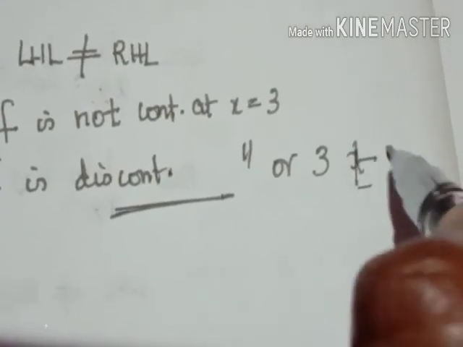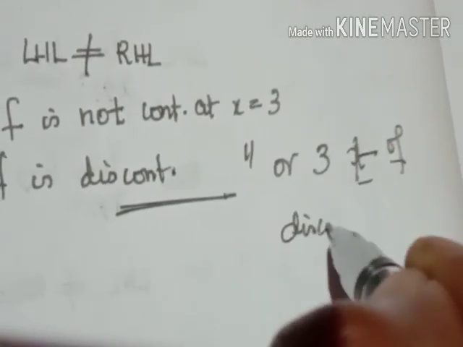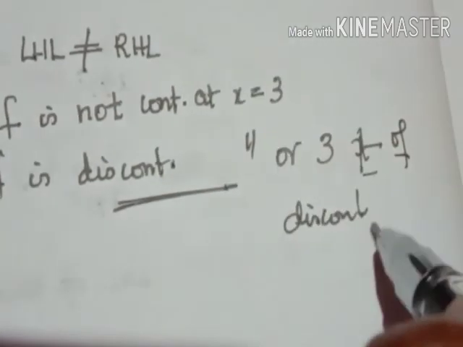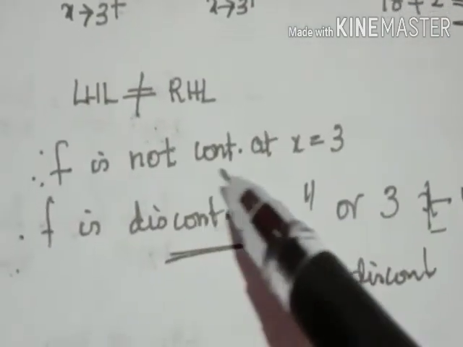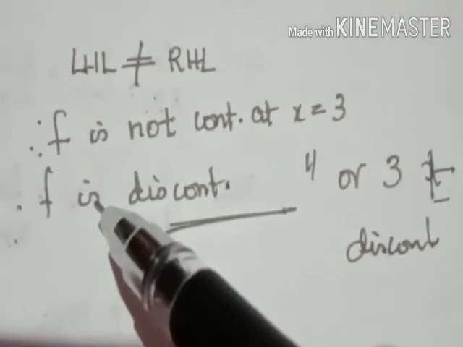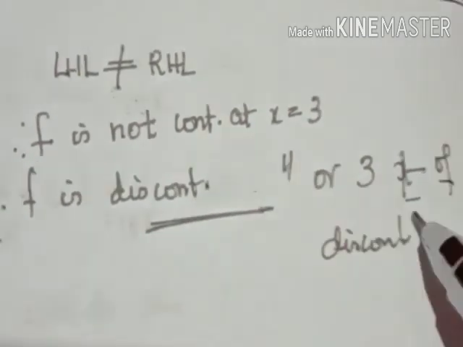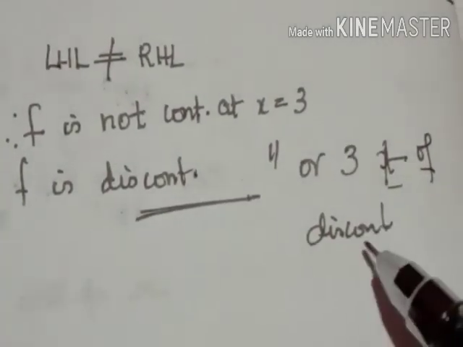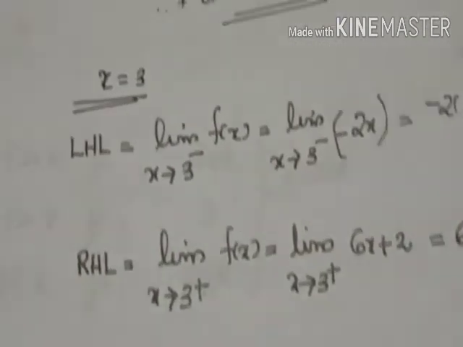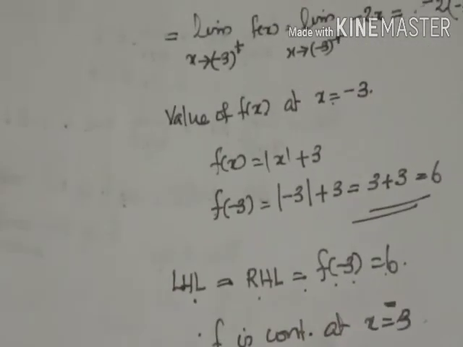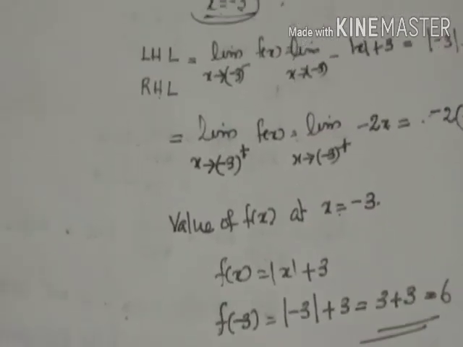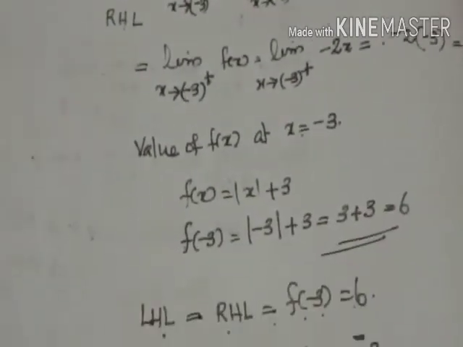All the three statements are equivalent. f is not continuous, f is discontinuous, or 3 is the point of discontinuity. So in this manner we can check whether the function is continuous or not.